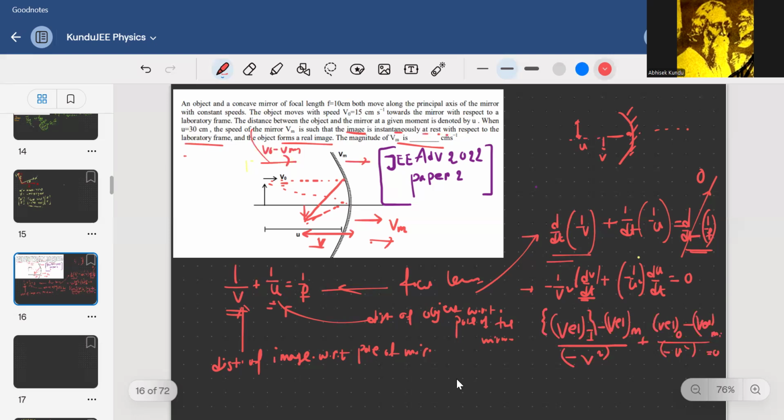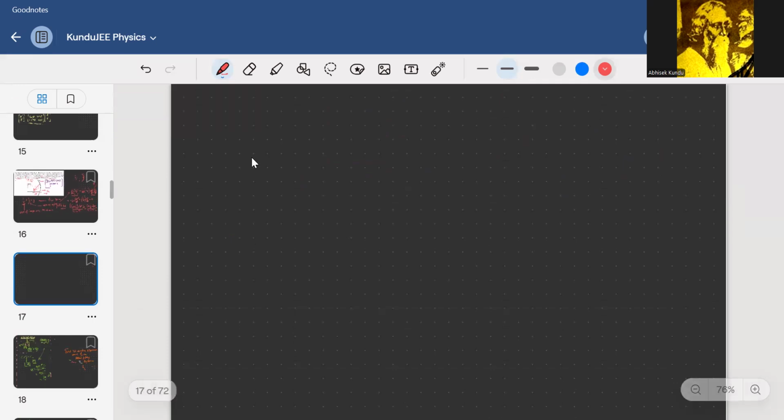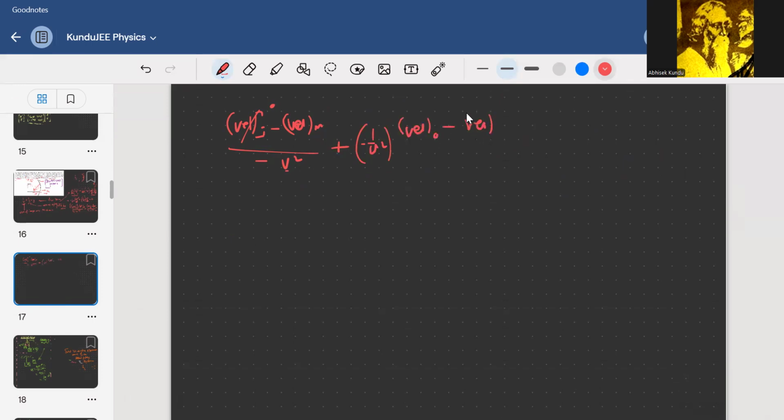So let us write that on the next page. If we make the velocity of image 0, it was minus v of velocity of mirror by v square, that is the image distance, plus minus 1 by u square, velocity of object minus velocity of mirror, by u square, is equal to 0.